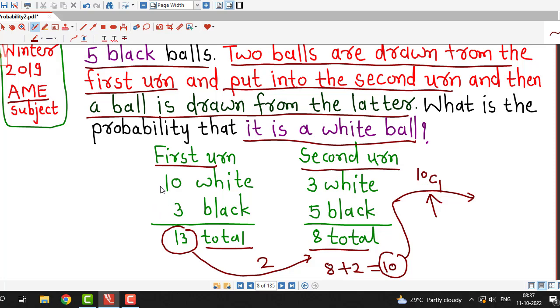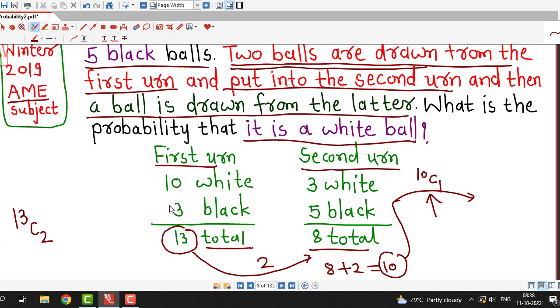So first we have to understand that the first event is selecting two balls from the first urn. In the first urn there are 13 balls, so we can select two balls out of 13 in total 13C2 ways.